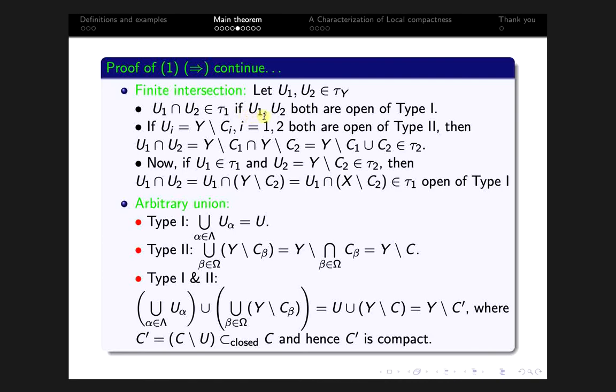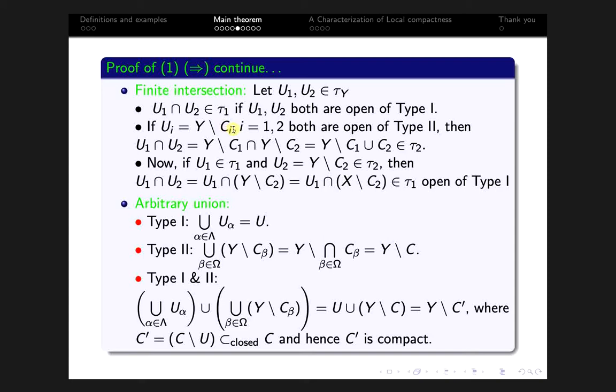In the first case, if U1 and U2 both are open of type 1, that is U1 and U2, they both are in tau 1, then their intersection is also in tau 1, because tau 1 is closed under finite intersection, because tau 1 is a topology on X. Okay, so if U1 and U2 both are open of type 1, then we have U1 intersection with U2 in tau 1.